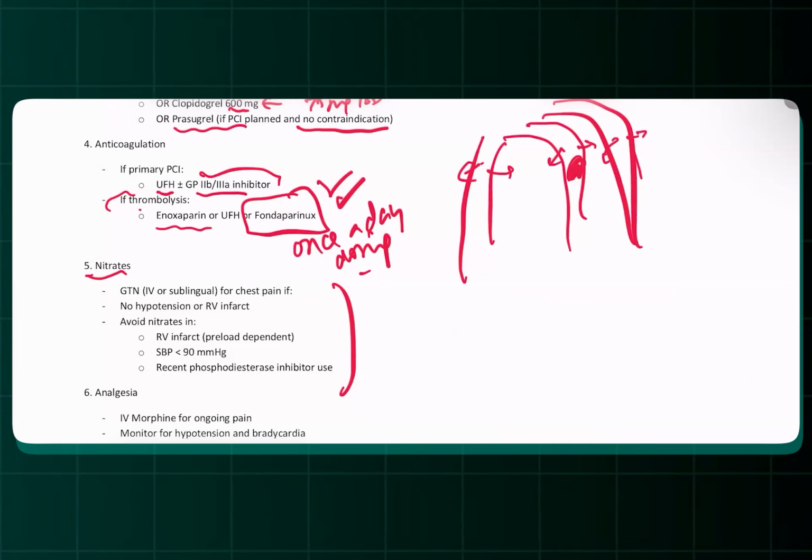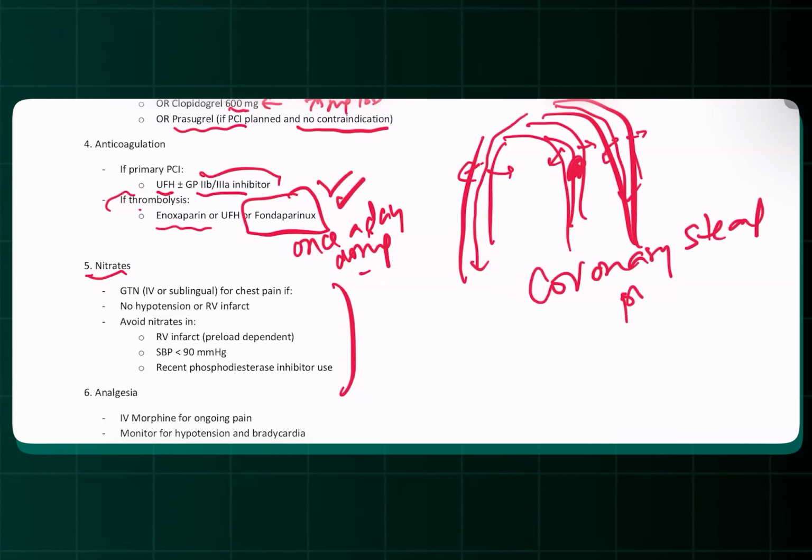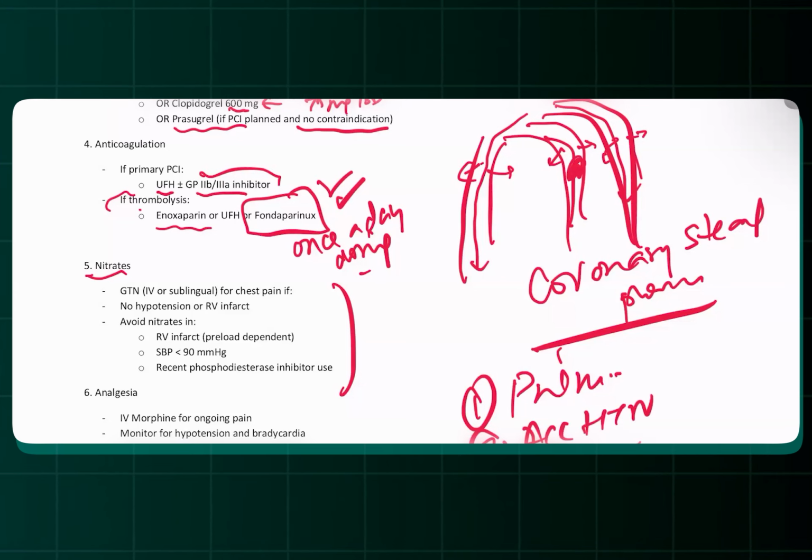So what happens is the other blood vessels get preferentially more blood than the involved coronary artery. This is called the coronary steal phenomenon. So unless the patient is having ongoing chest pain, but that is due to MI, so we have to treat MI. Patient in pulmonary edema or patient having accelerated hypertension, only then we give it.